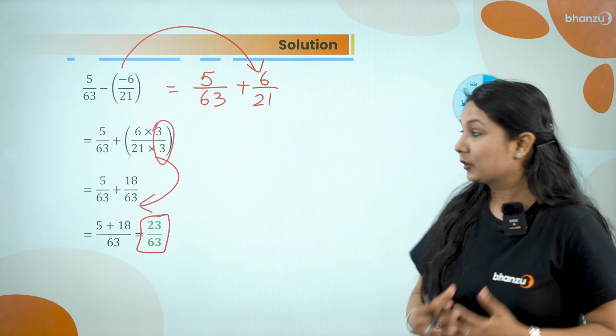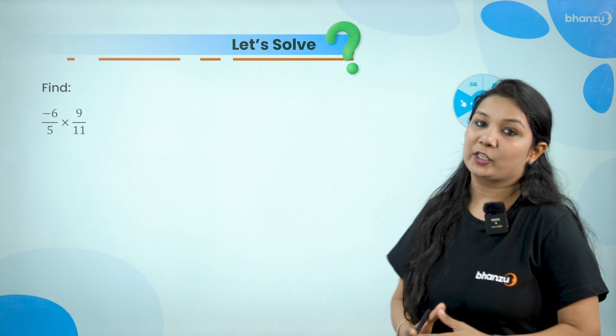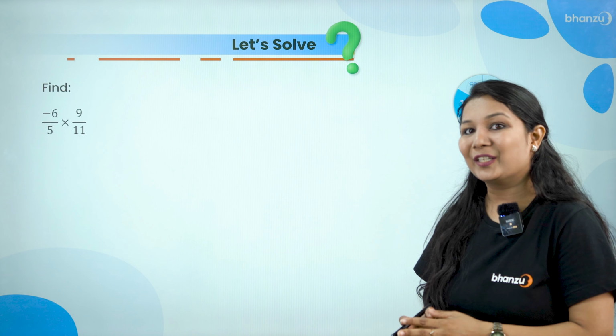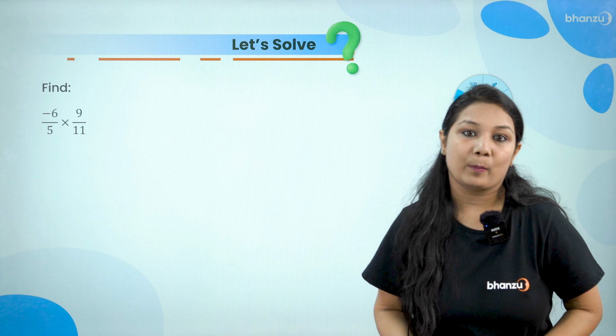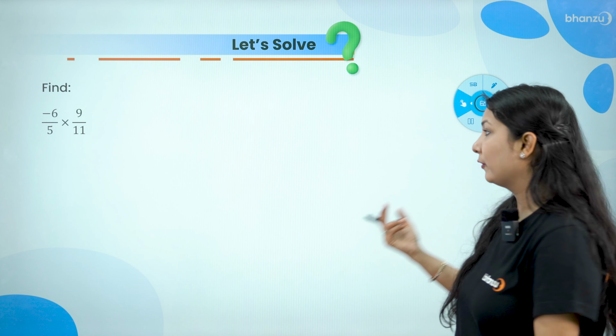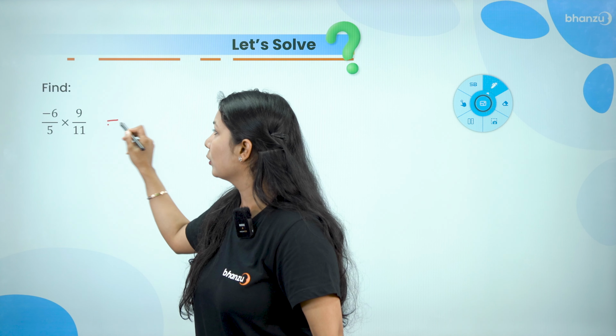Got it? So let's move ahead and see how we do multiplication of rational numbers. What do we do? Multiply the numerator by numerator and denominator by denominator. But before that, do check if we can have a simplified form of it. Here we don't have any simplified form, so directly we are going to multiply.